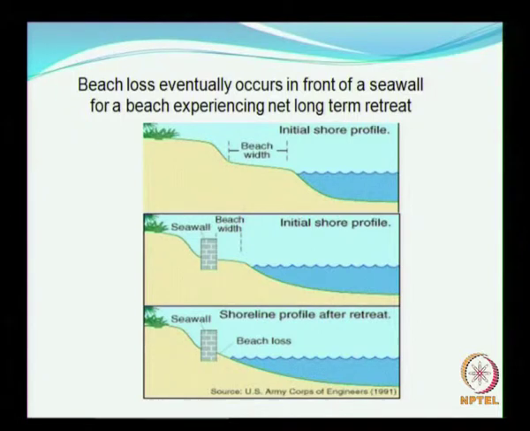As I said earlier, beach loss eventually occurs in front of a sea wall for a beach experiencing net long term retreat. So, this is the beach width. Now, you construct a sea wall, the beach width is so much, and then that beach also can be lost, but this sea wall acts like a soldier trying to prevent further loss.